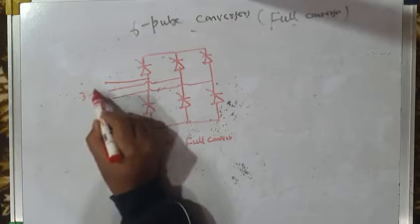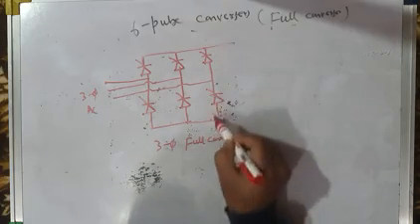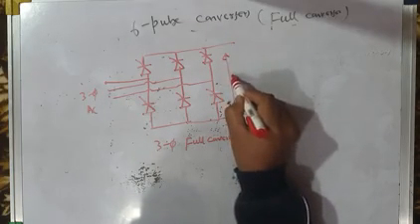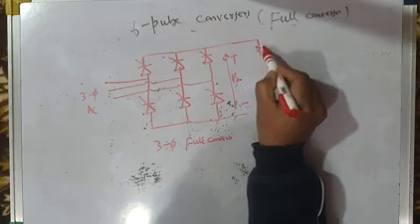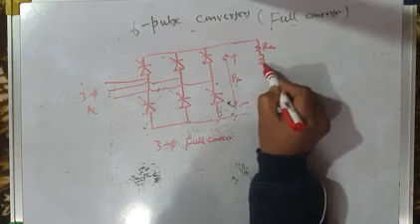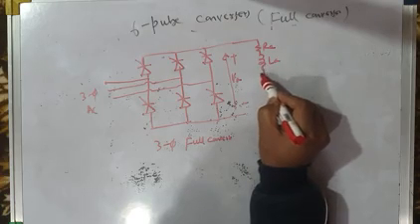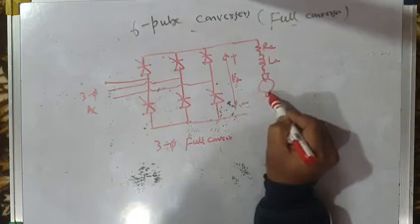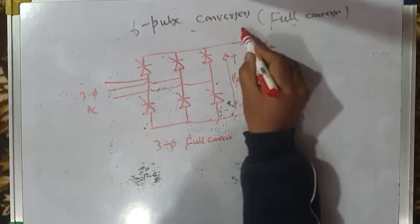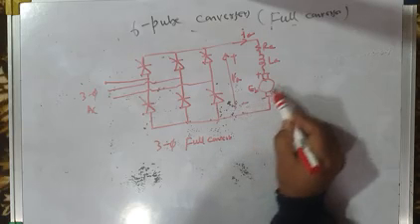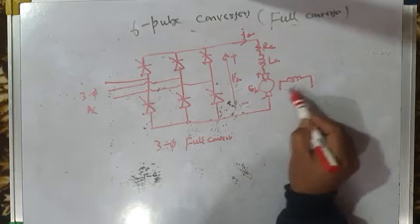This is three phase AC, and this is the DC, say armature voltage VA plus minus. So this is armature circuit resistance RA, armature circuit inductance LA, and this is the back EMF of the motor plus minus EB. Armature current is IA, and this is a separately excited DC motor.